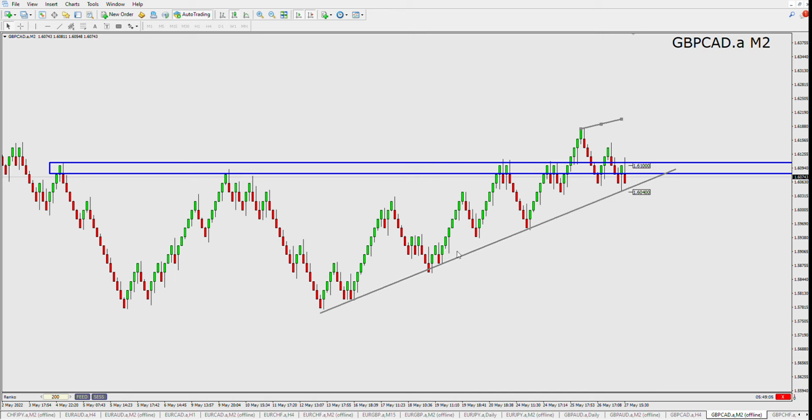And we have this upward trend line, and then we can wait for price just to break here somewhere and go up this way. And then we can enter somewhere here. Of course, the stop loss could be below this level here. This could be your stop loss, your entry somewhere here, and then target higher price.